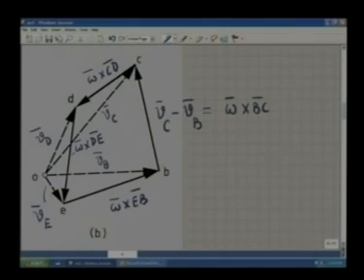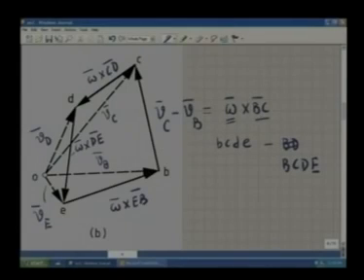Thus, this quadrilateral bcde is nothing but a scale drawing of the quadrilateral BCDE, and small bcde is called the velocity image of capital BCDE, which is nothing but a scale drawing, and scale of the diagram is this factor omega, and small bc is perpendicular to capital BC because it is omega cross BC.